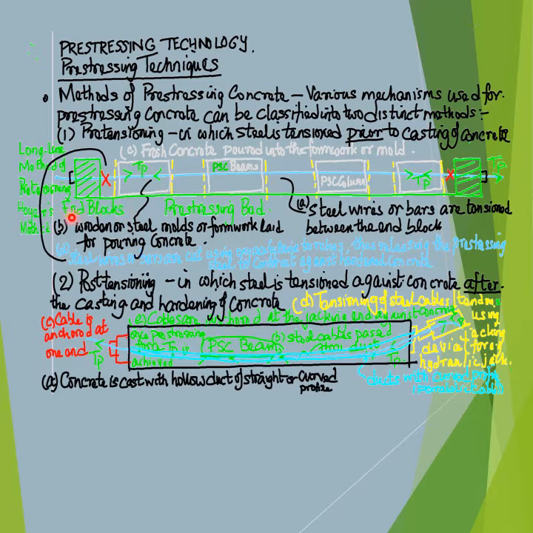subsequently wooden or steel molds, that is formwork, are positioned or installed around the pre-tensioned steel wires for the purpose of pouring the concrete into the wooden or steel molds or formwork represented by the dashed lines in the schematic figure.